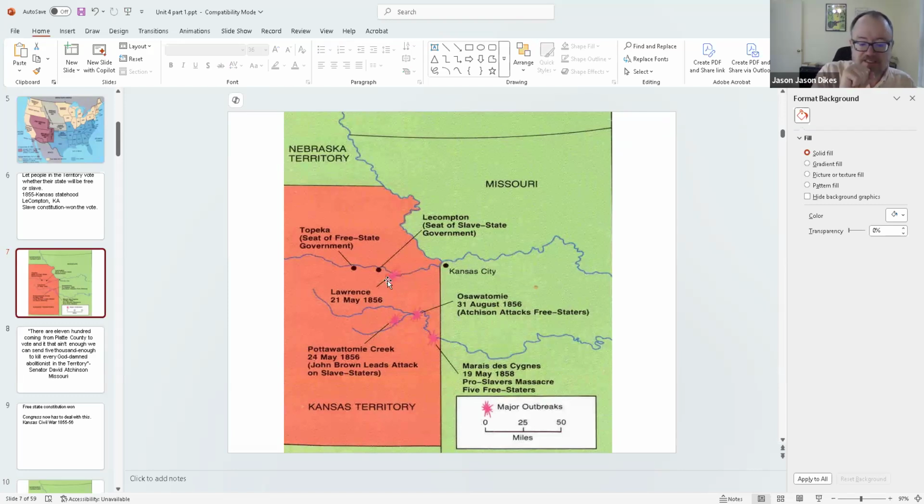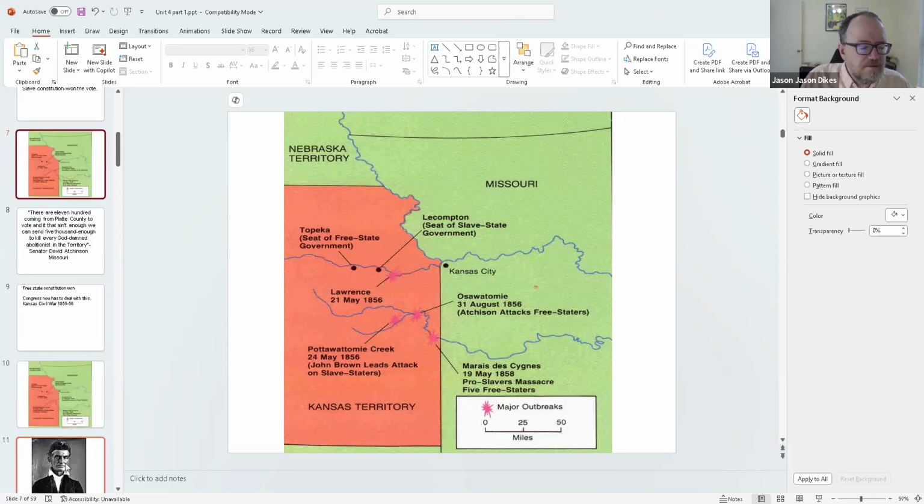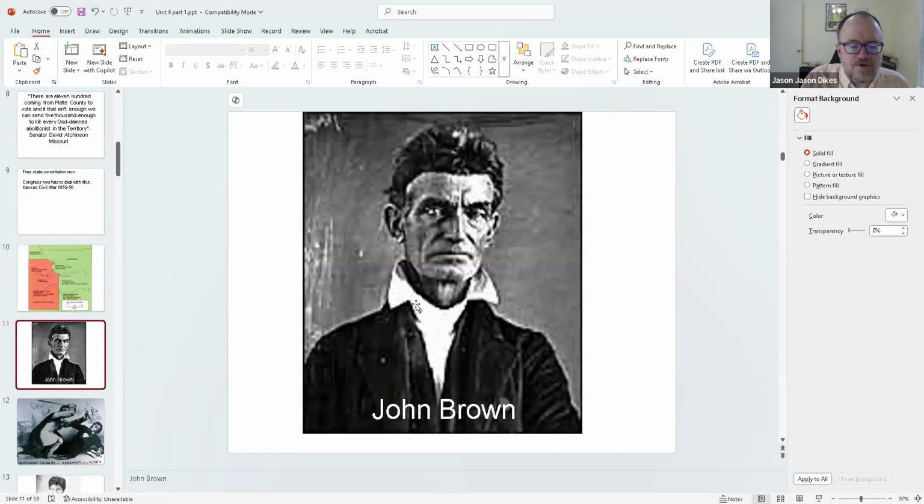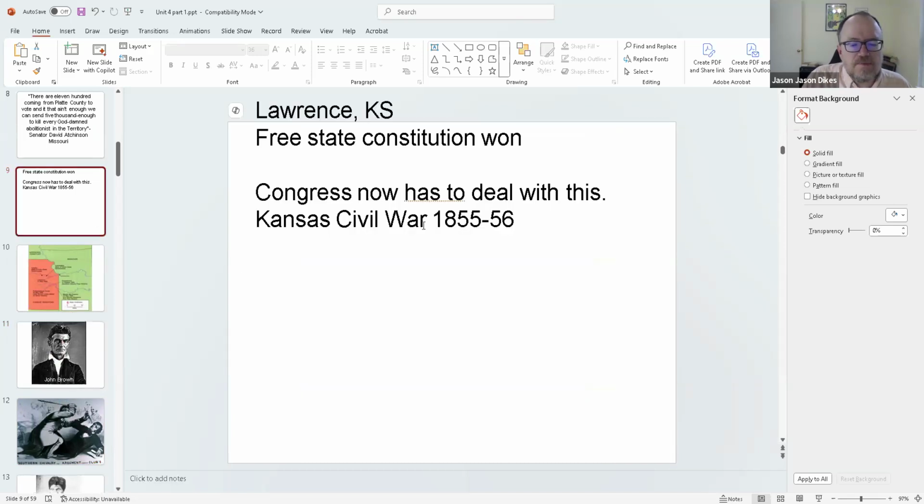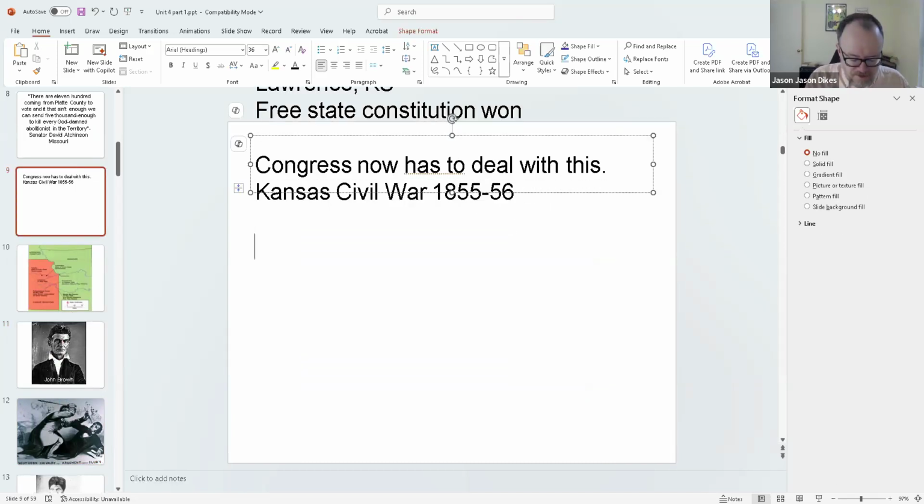Lawrence, Kansas is completely sacked, and there are battles at Osawatomie and Potawatomi Creek. The massacre at Potawatomi Creek is led by John Brown, who we'll see again later in this unit. But Brown was an abolitionist.